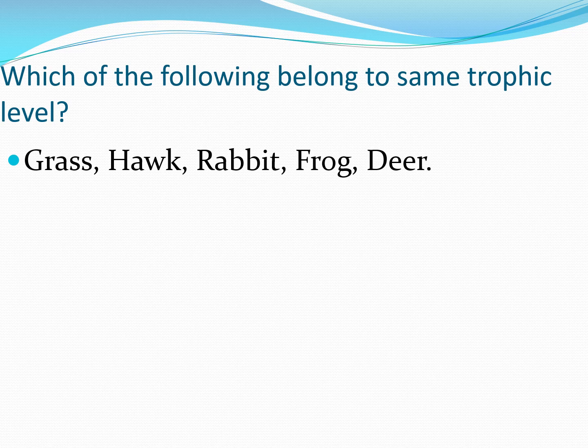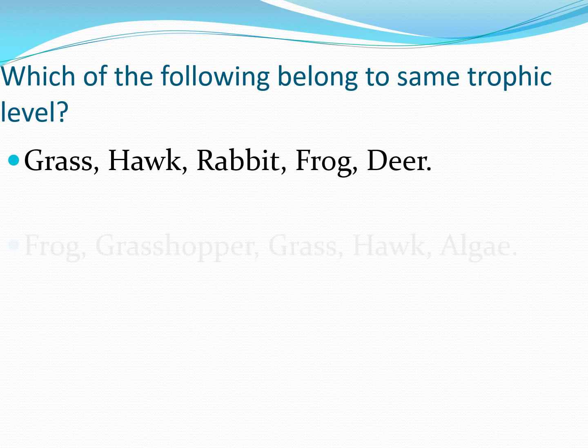Okay, so the question is, which of the following belongs to same trophic level? So the answer is rabbit and deer. Rabbit and deer, they belong to primary consumer. So here in the given food chain, grass is primary producer, rabbit and deer are primary consumers, then frog is the secondary consumer. Okay, then hawk will be placed in the tertiary consumer level.